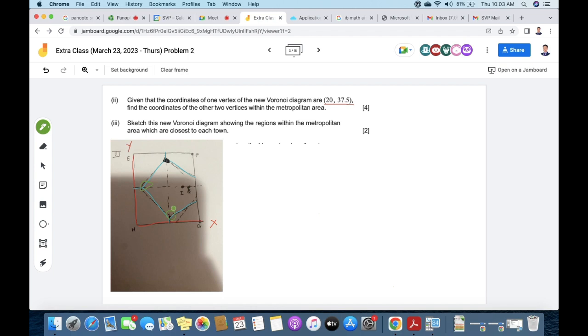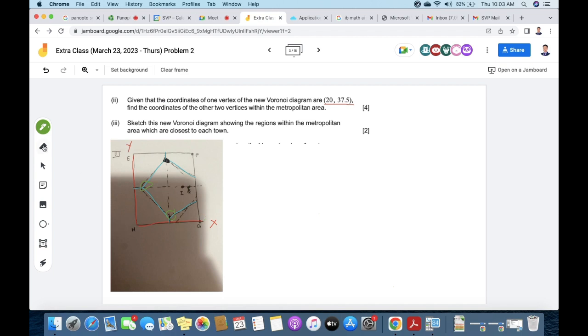This time, I'll give you some time to work out number 2. But before you work out number 2, I'll give you some clues. So if you try to look at this for the second one, for this particular point here, do we know the value of one of its coordinates?